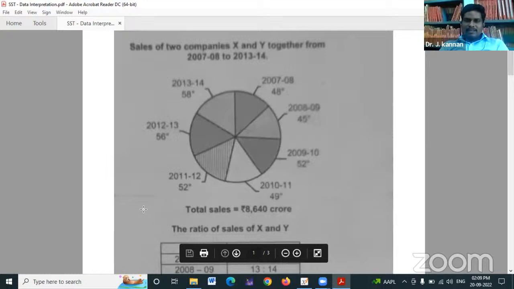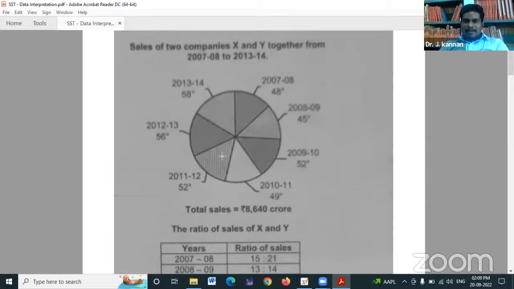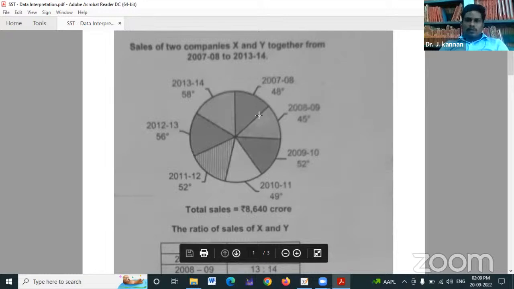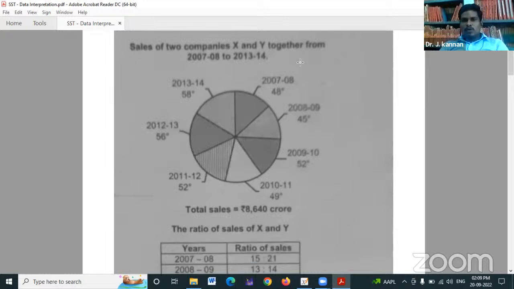Pie means 360 degrees. Any problem represented by a circle or a circle format. Actually 360 degrees here. Here the sales of two companies X and Y together, from 7 to 8 and 13 to 14, are represented diagrammatically in a circle. So total 360 degrees.